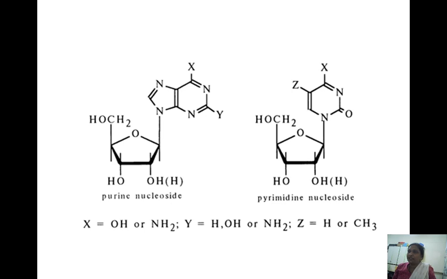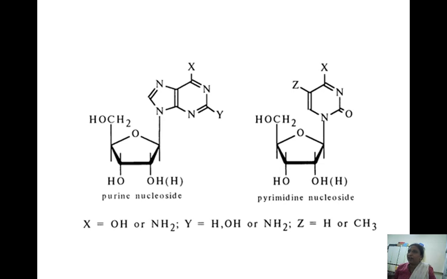Nucleoside means the sugar is attached to the nitrogen base by beta N glycosidic bond. To this, when phosphate is added, that is phosphorylation to form a nucleotide. Is the phosphate group attached to the nitrogen base or the sugar? Always the OH groups present in the structure of the sugar are esterified with the phosphoric acid.